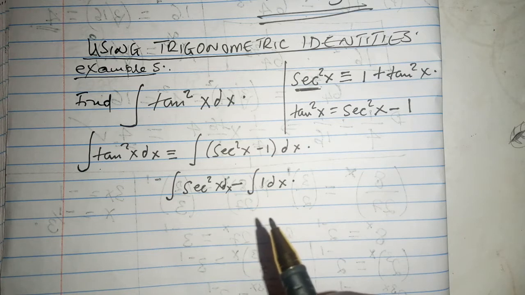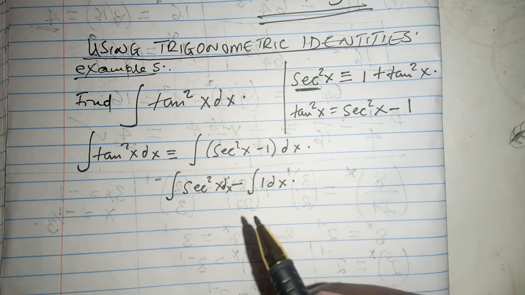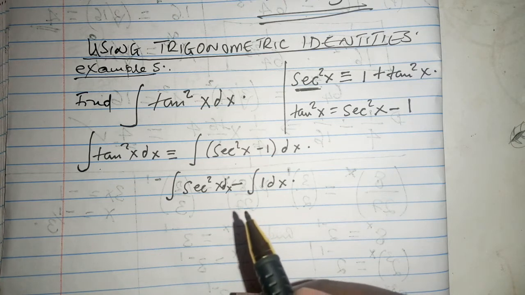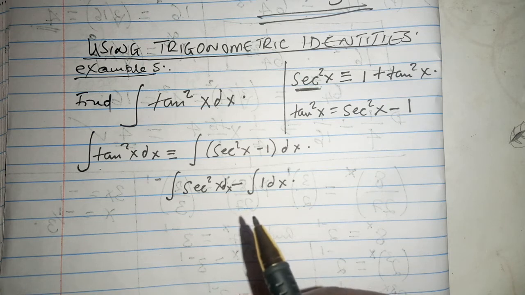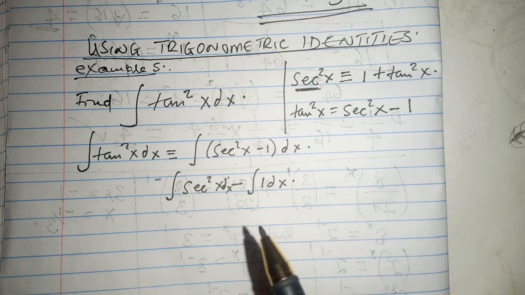If you go to the previous page, page 147, you will look at relationship number 6: the integral of sec squared x is tan x.